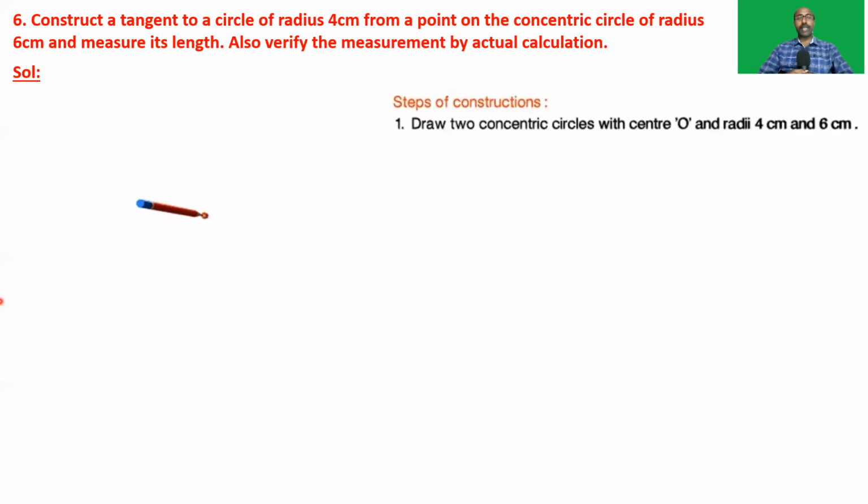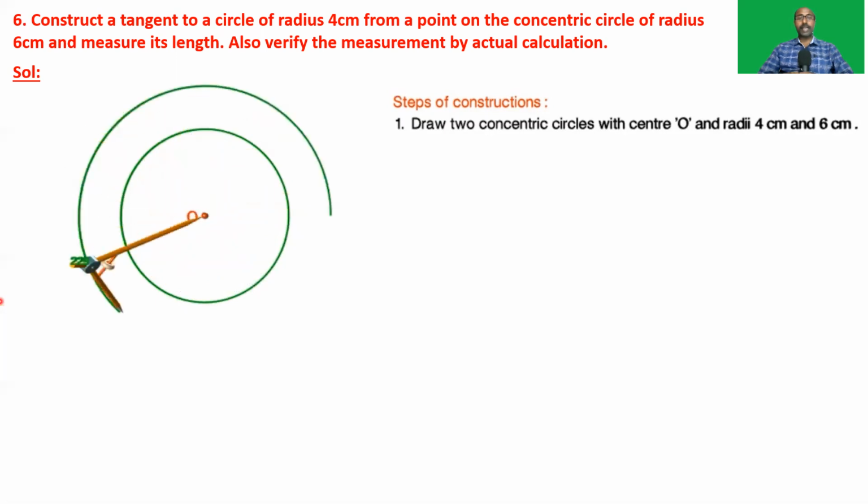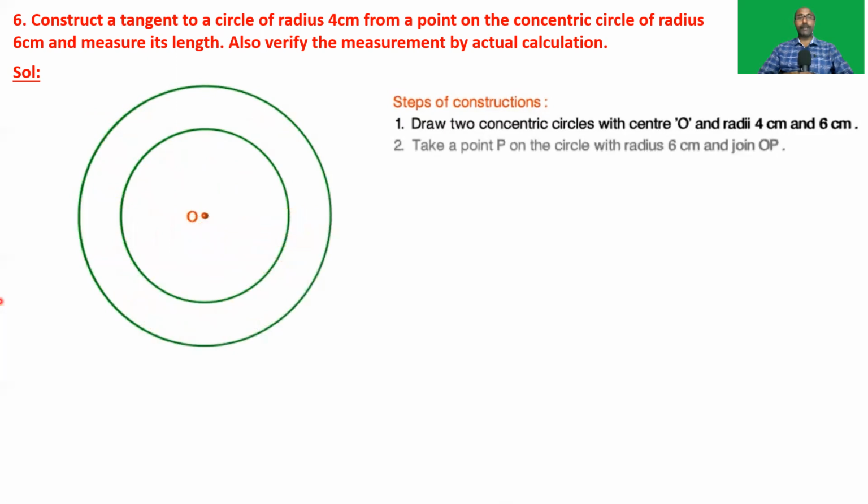Here I am taking center as O. And now take a point P on the circle with radius 6 centimeter and join O and P.